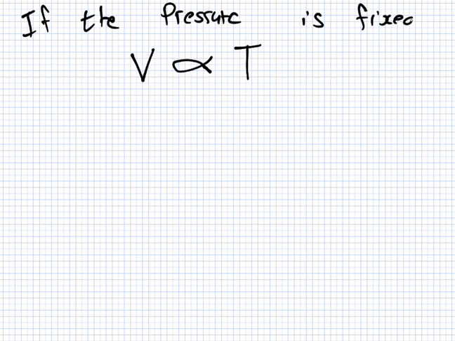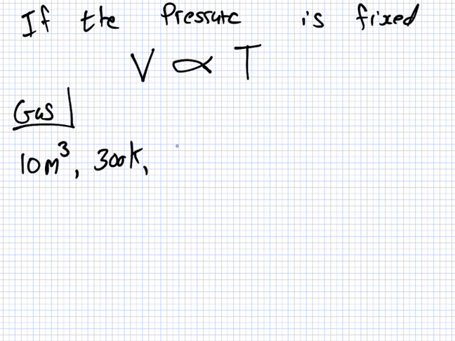So again, let's take our gas, and let's say again it's 10 meters cubed, it's 300 Kelvin, and pressure, we say 1 kilopascal.